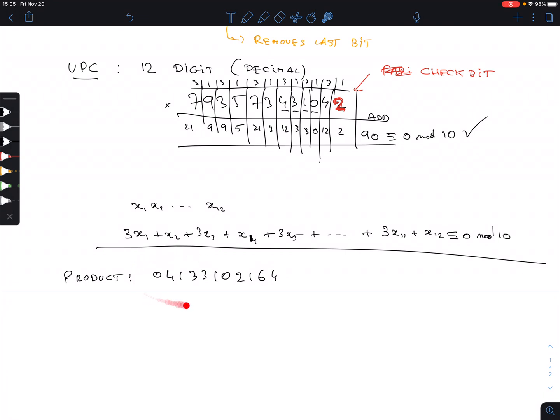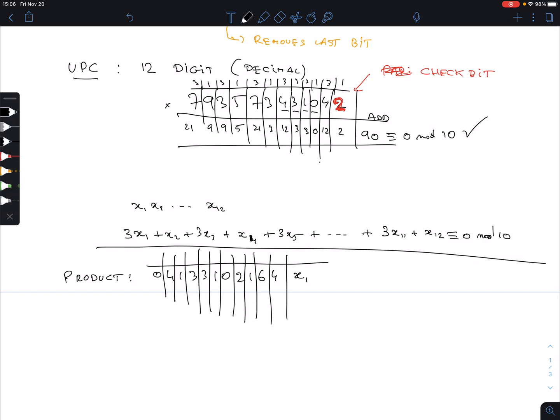Okay, so this is the 11 number product code. What is missing is the check bit. So how do we calculate the check bit? Well, we do the same thing as before. The check bit will be this X12 that we don't know yet. So we get 3, 1, 3, 1, 3, 1, 3, 1, 3, 1, 3, 1. We multiply: 0, 4, 3, 3, 9, 1, 0, 2, 3, 6, 12, X12.